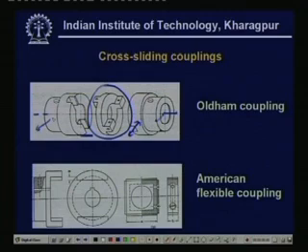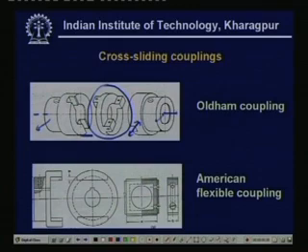Then a variant of Oldham, the cross sliding coupling, is known as the American flexible coupling, which again works on a similar principle. Here one part of the shaft is shown. There is one recess here, which in cross section, or from this side, looks like that.